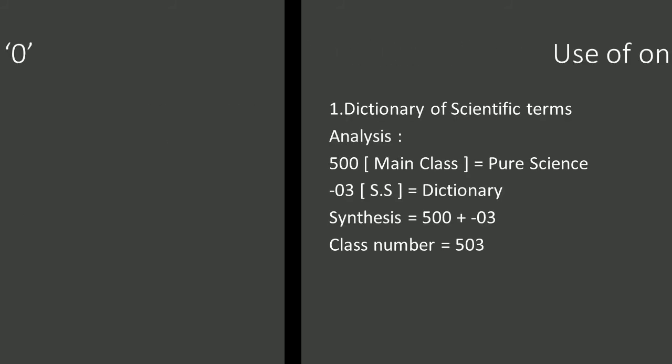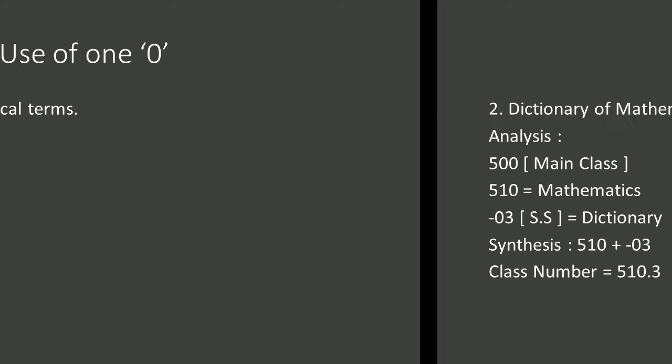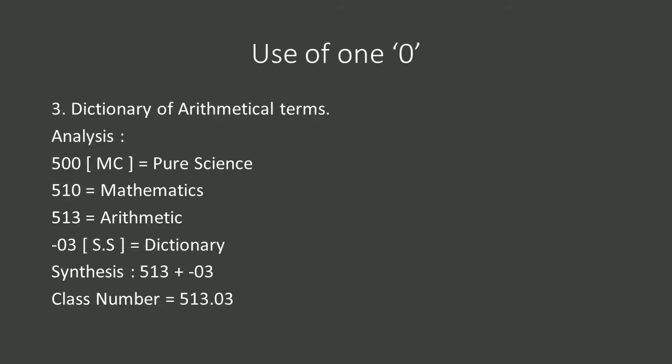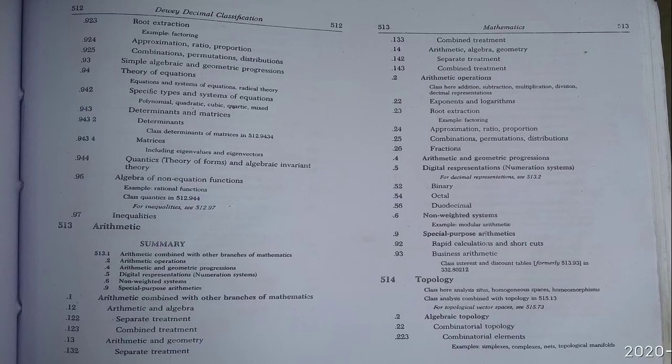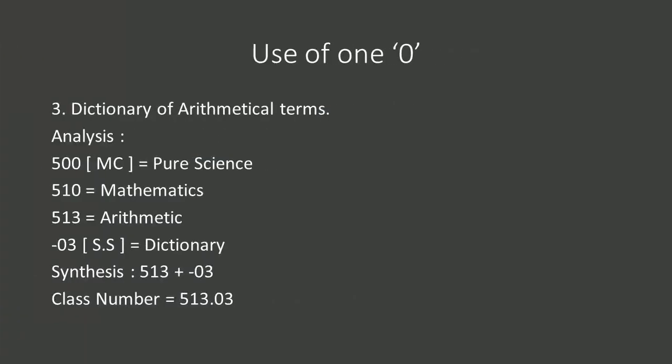Okay. Now in this case, dictionary of arithmetical terms. We know arithmetic is part of mathematics. So our analysis will be 500 pure science, 510 mathematics, and 513 arithmetic. And here also under mathematics there is no instruction to use the standard subdivision.